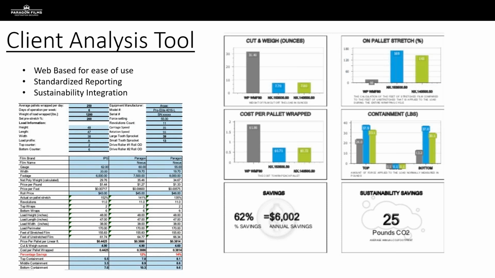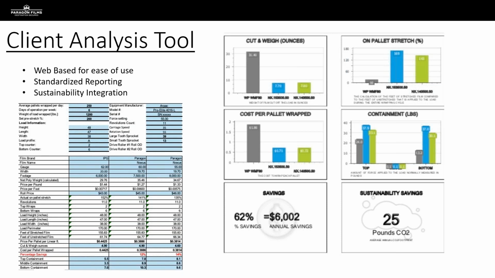So by providing these graphs, it gives us a real visual and ease of understanding exactly where the opportunities for growth may be. We also wanted to provide a separate page for sustainability savings that shows how we are improving with the new film that we are offering.